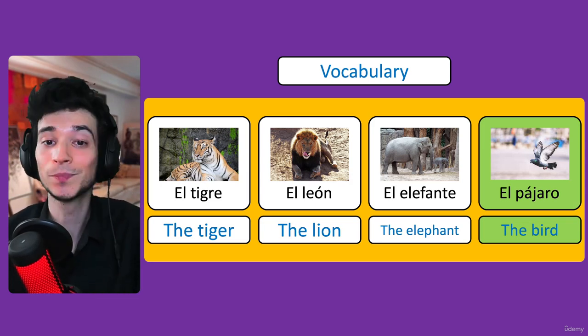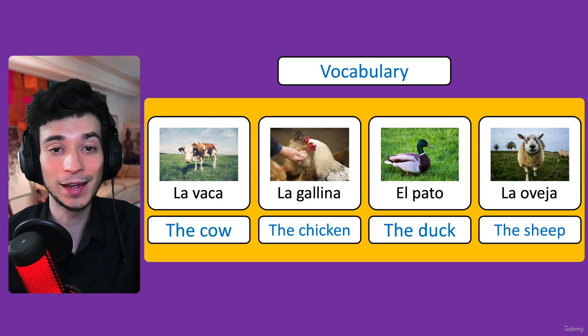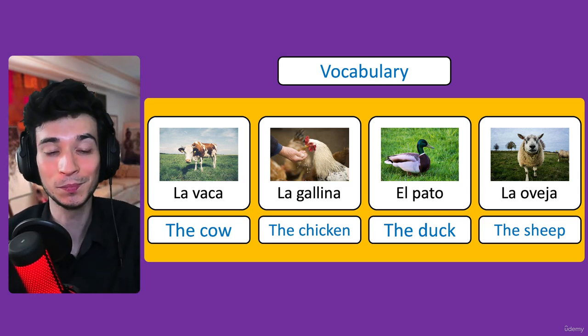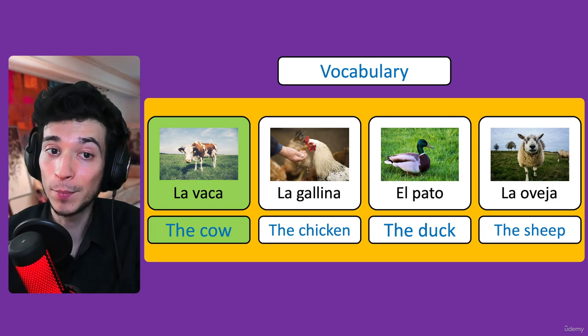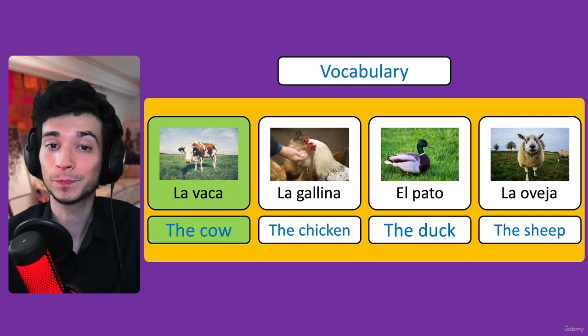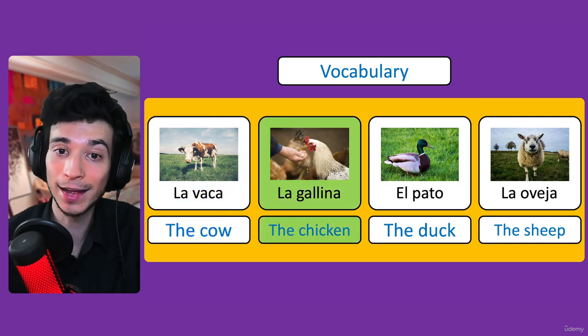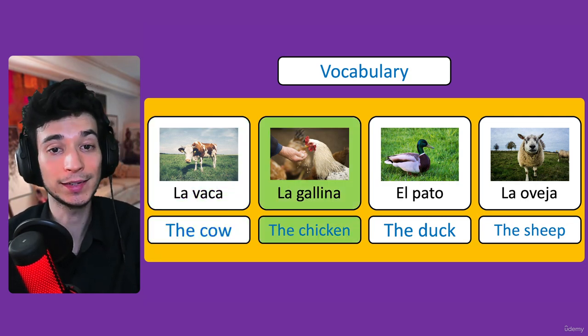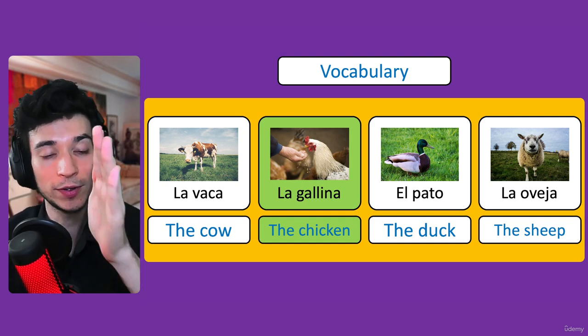Okay. And there's a lot of vocabulary here because we're going with many animals. Then we have la vaca, the cow. La vaca, the cow. Vaca. Then la gallina, the chicken. La gallina, the chicken. So we kind of have two words.